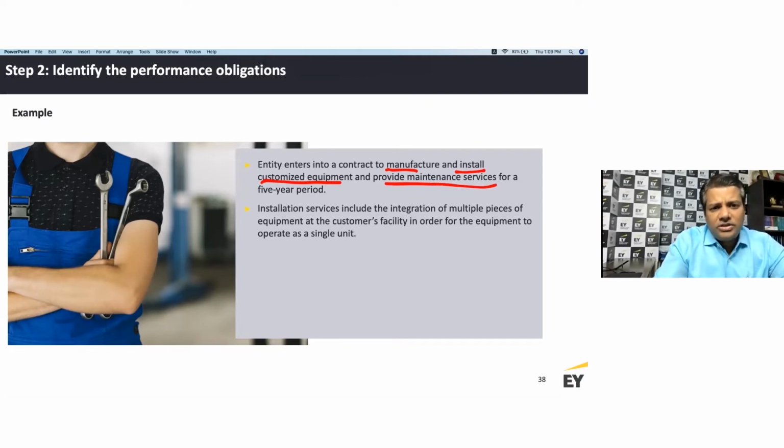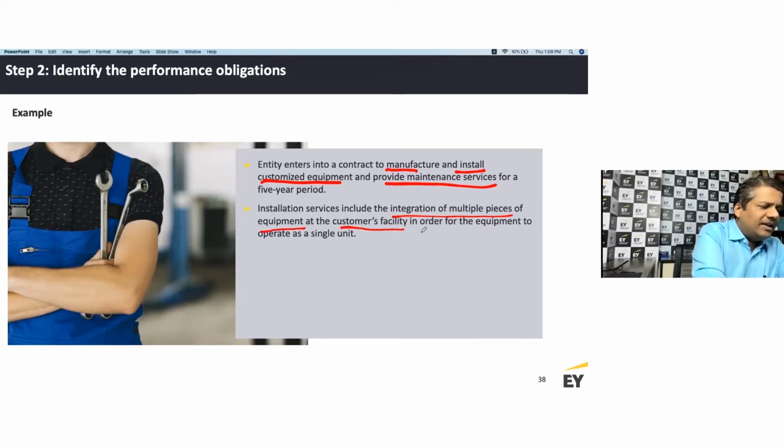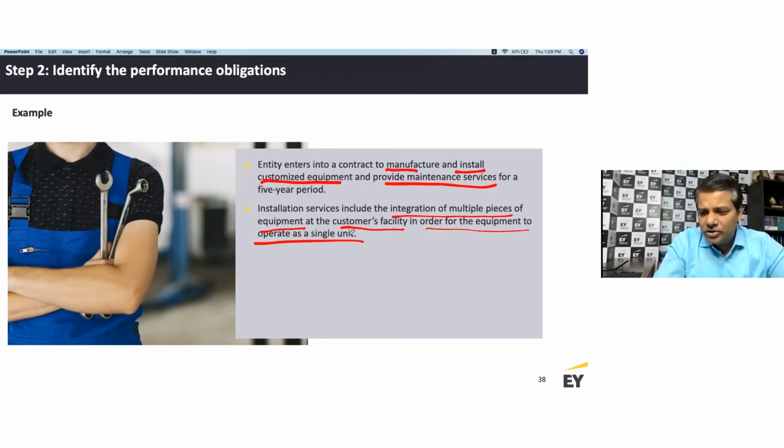The installation services include the integration of multiple pieces of equipment at the customer facility in order for the equipment to operate as a single unit. So the integration is important. It's not a vanilla installation, so to say.